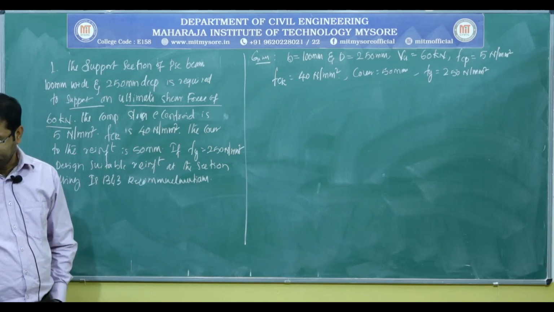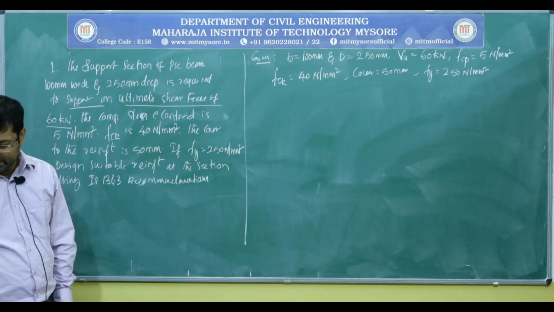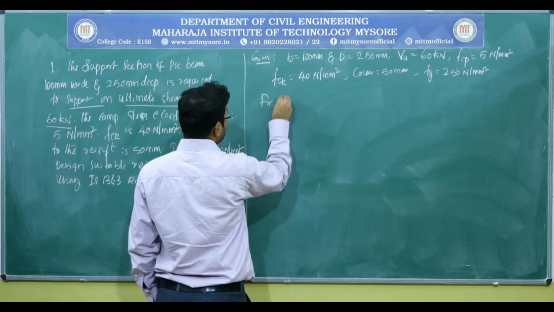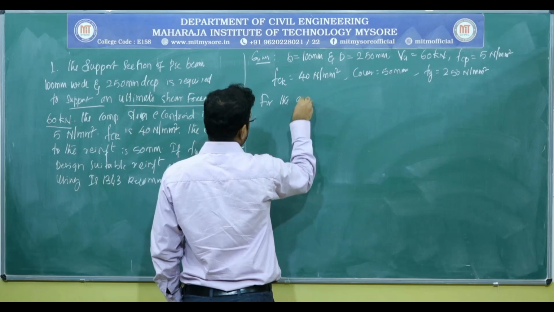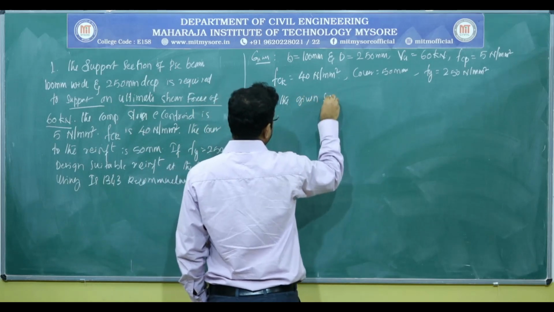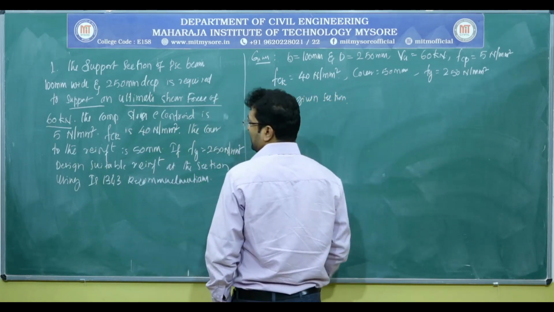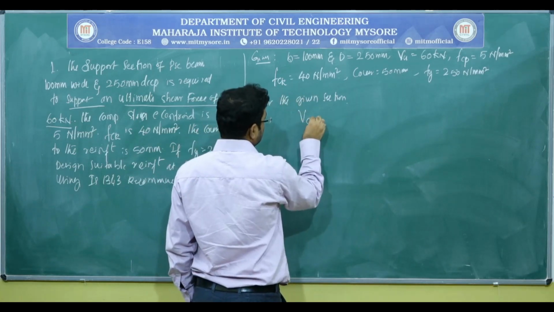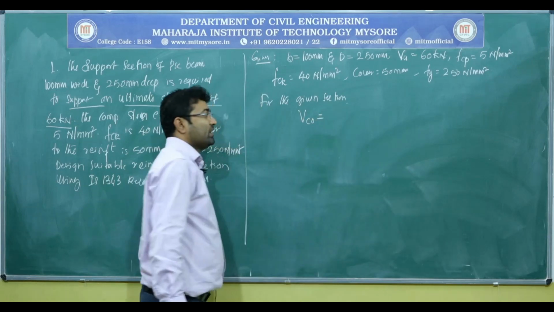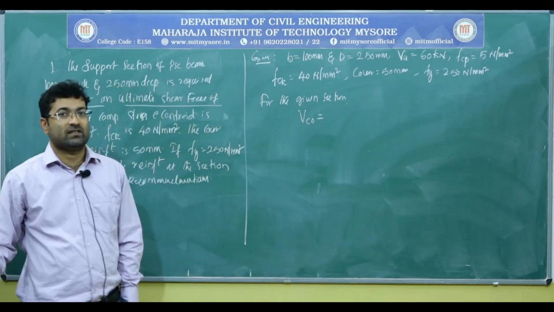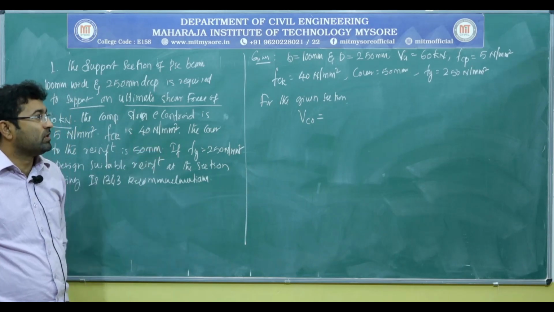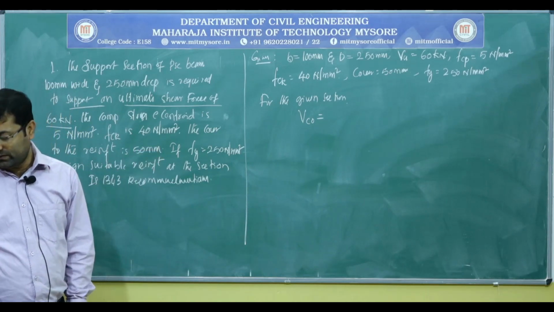So here, for the given section, as it is a support section, we have to calculate VCO, that is the ultimate shear resistance capacity of the section at these supports, where the failure is assumed only due to web shear failure.